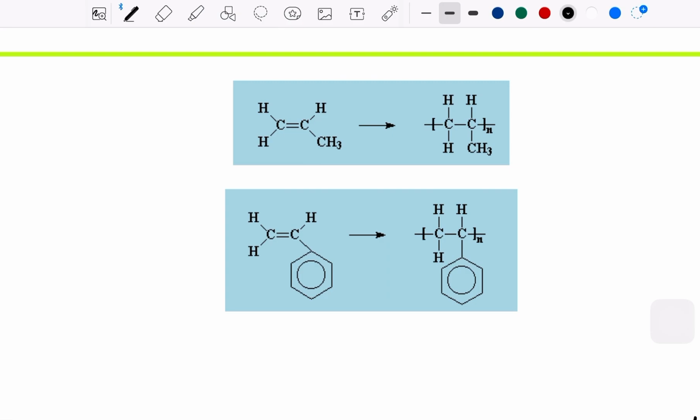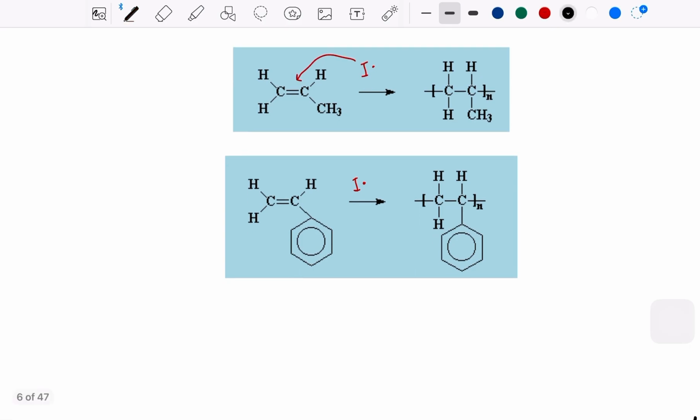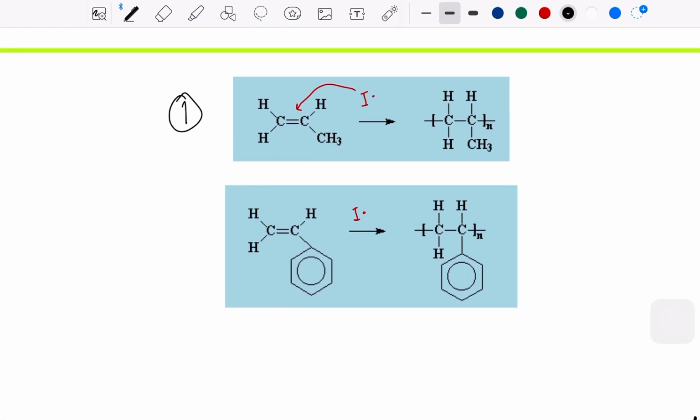So what's happened here is we are going to have some initiator, of course, here, right? And because of the initiator, it will break down this bond, okay? And then let's focus on this first example here.